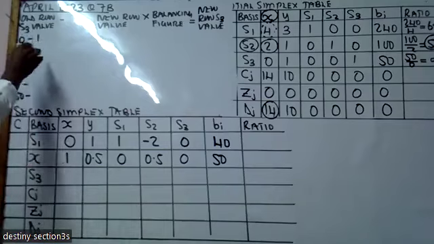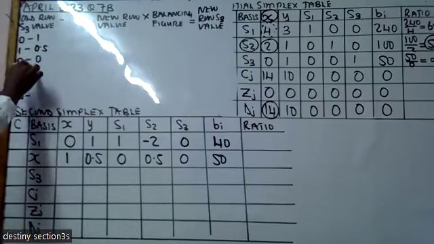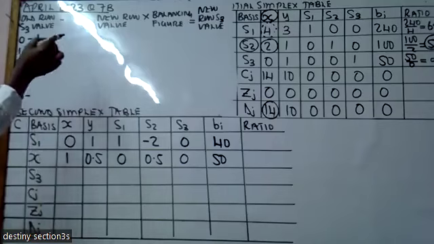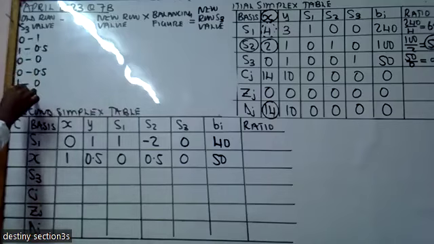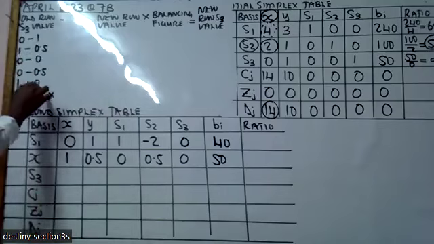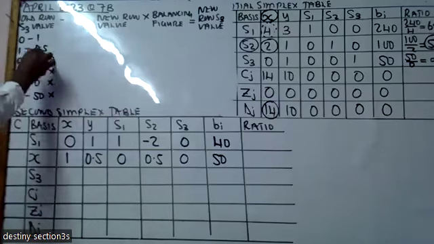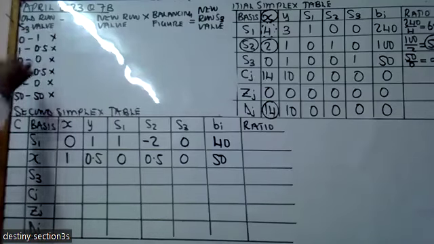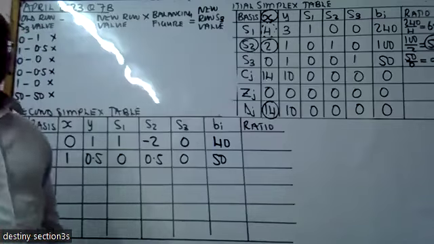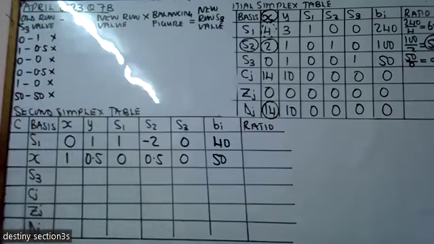This is 1, 0.5, 0, 0.5, 0 and 50 times the balancing figure.